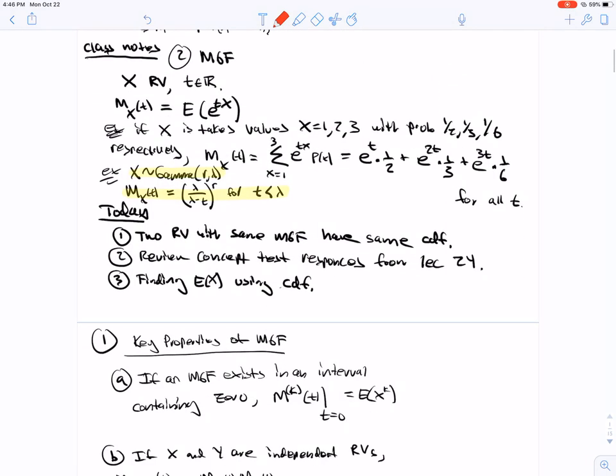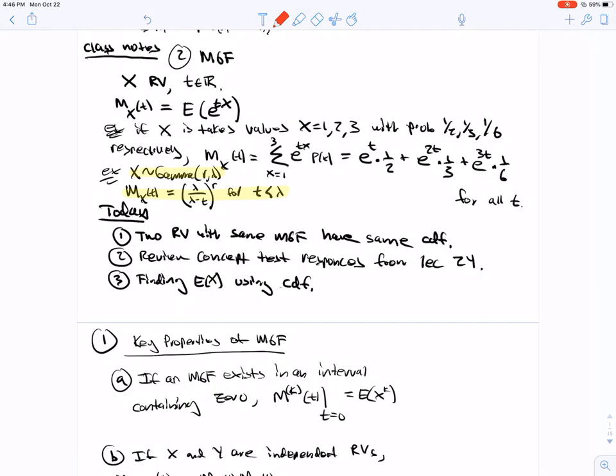We then covered MGF. So the MGF is the expectation of e to the tX. For example, if X takes values 1, 2, and 3 with probability 1/2, 1/3, 1/6, then the MGF is a sum of 3 terms.